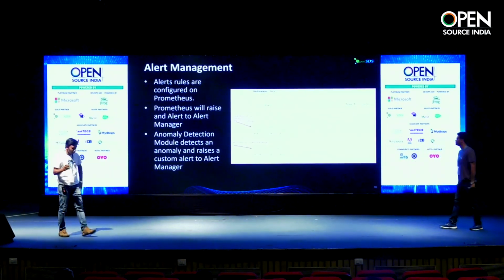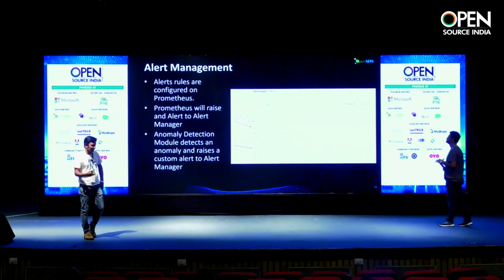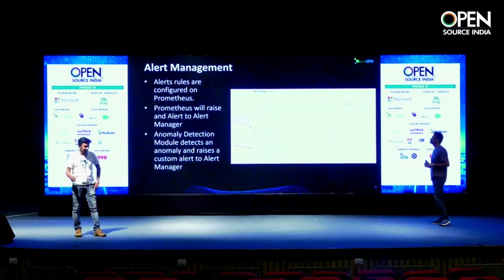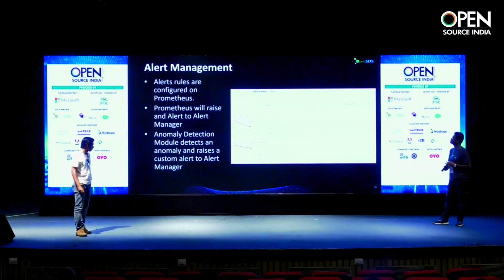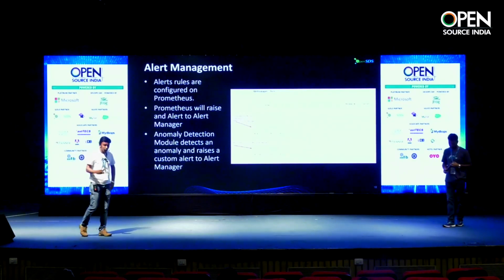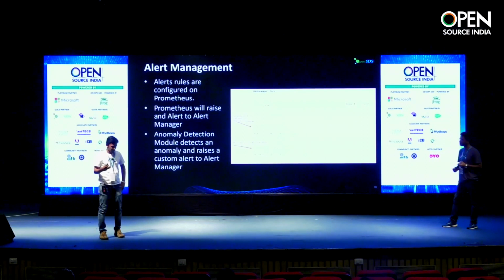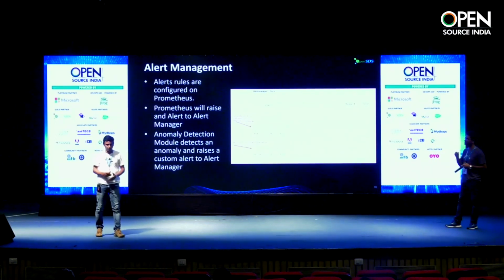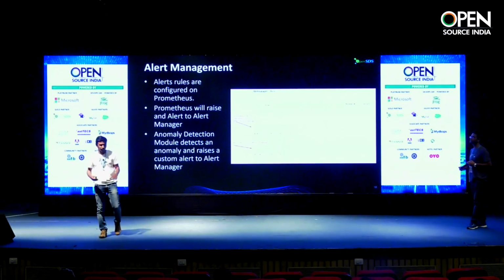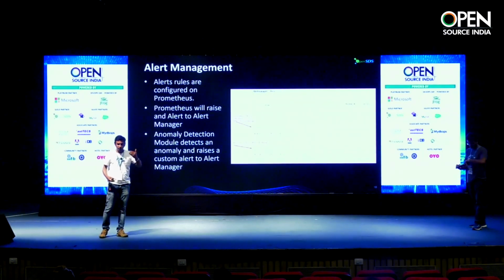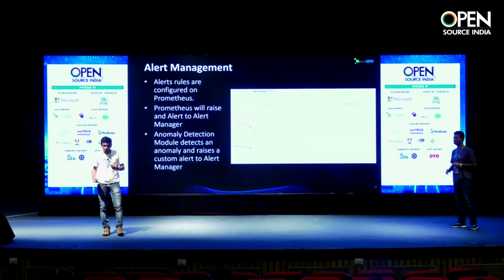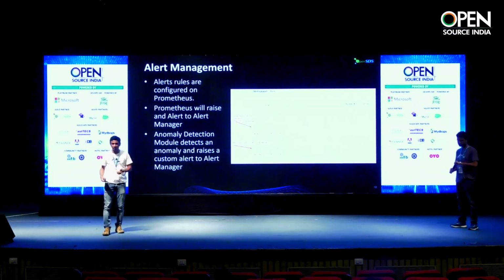So now we know how OpenSDS collects data from multiple targets and how Prometheus is used. For alerting, we can define some alert rules in OpenSDS, and these alert rules can be pushed into Prometheus. Prometheus processes the alert rules while it collects the metrics.